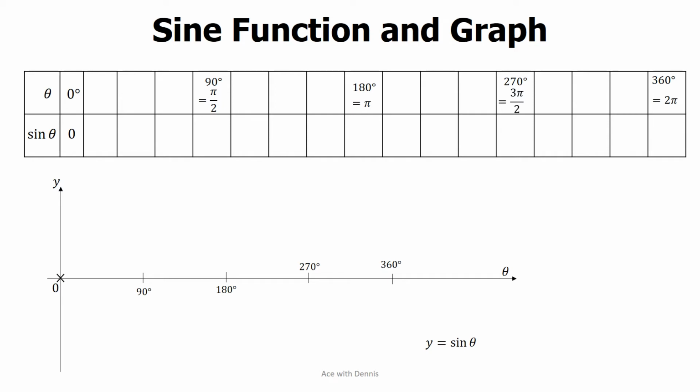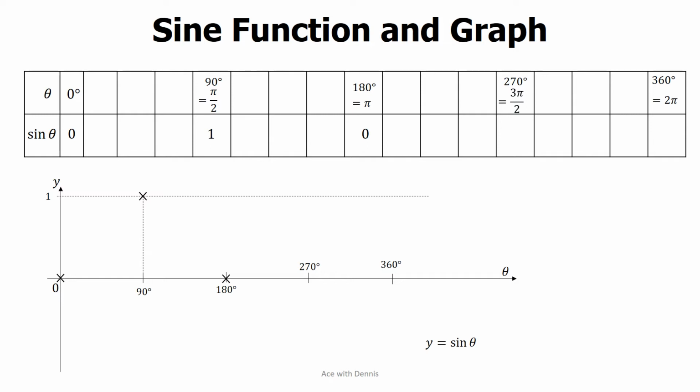When the angle theta is 0, sine theta will be 0. And we know that sine 90 degrees equals 1. So let's label here as 1. At 90 degrees, we plot the point here. Next, we move on to 180 degrees. We know that sine 180 degrees equals 0. Then we plot on the graph.